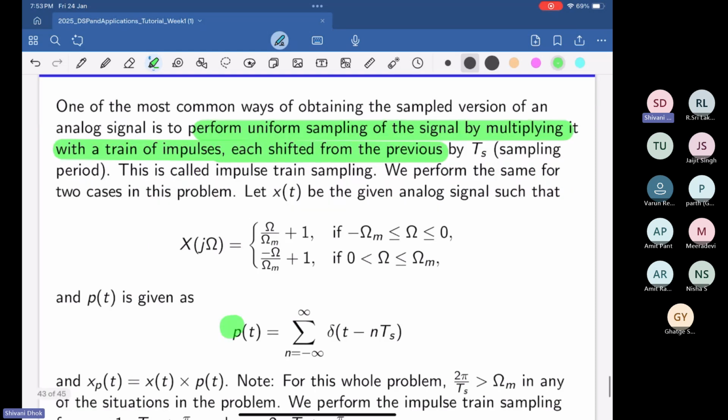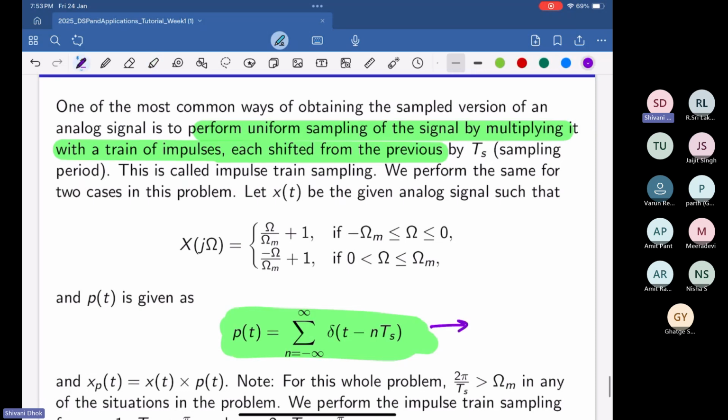Here, whatever they have given, that is p of t, is the summation of unit impulses shifted by integer multiples of Ts. This is known as the train of impulses. And why is it called a train of impulses? Just because of how that signal looks.